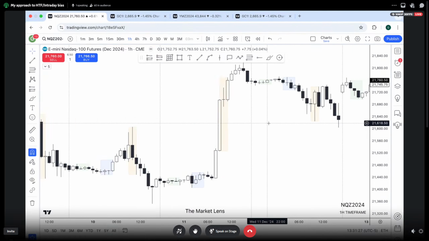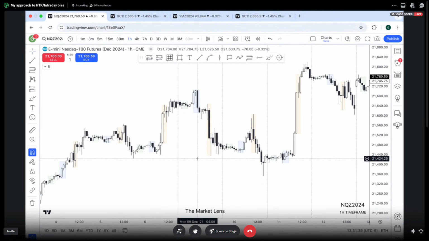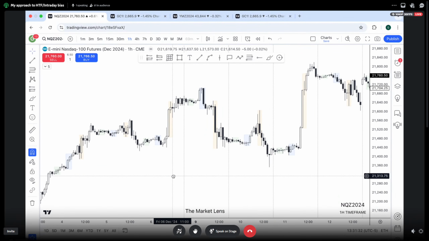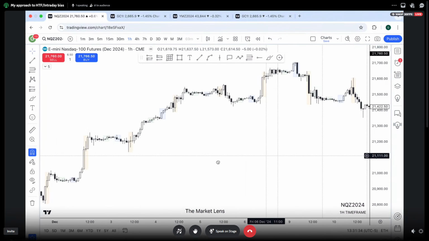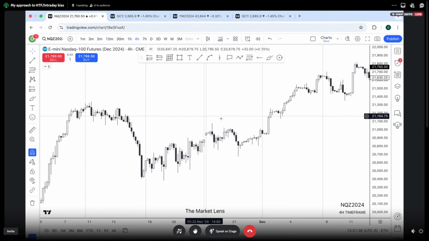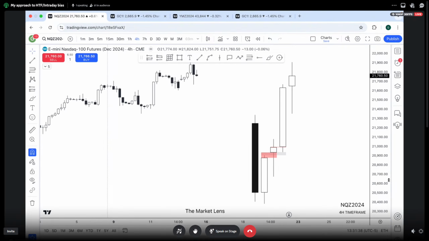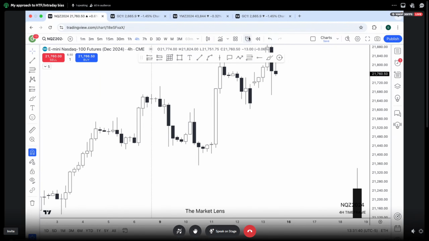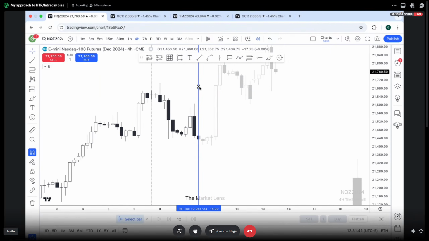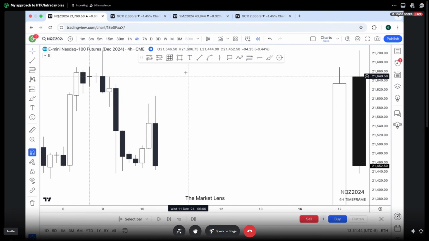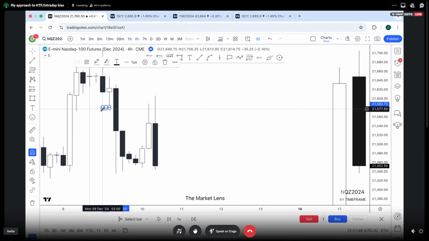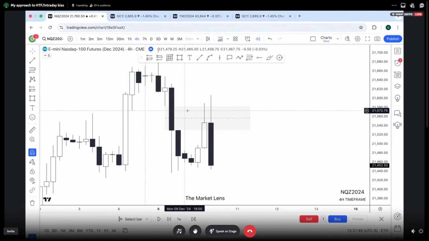If I find an example, let's use a fair value gap. This might be a fair value gap here. Hold on, yeah, it is. So like this fair value gap here, there are multiple reasons why this works.